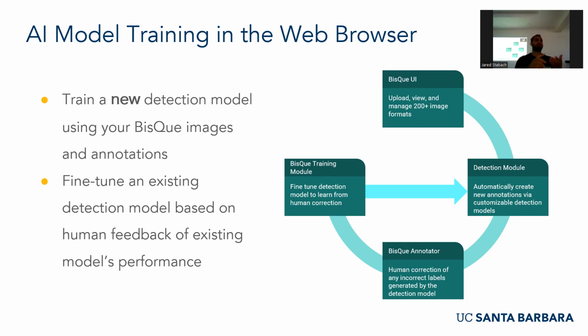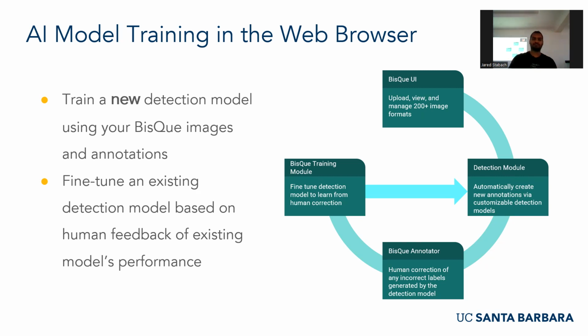Let's say you had only trained on elephant, buffaloes, and cows, that model was doing pretty good, and you just want to add two more classes so it starts recognizing those two. That can be done inside BISC with a very simple interface and a few drop downs, and you can try and train your own model.